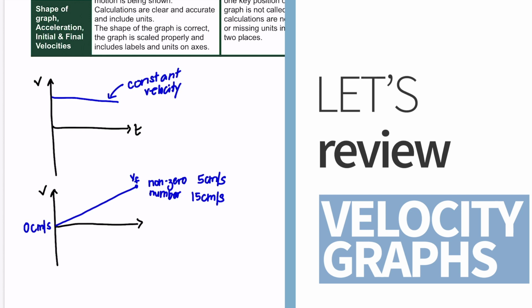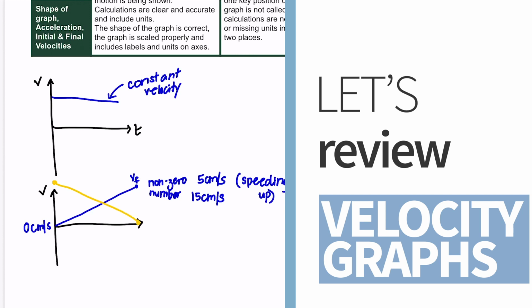Now let's take a look at if it's slowing down. Let's just label it speeding up. And so for slowing down, we're going to see a different slope, right? We're going to see it go down.